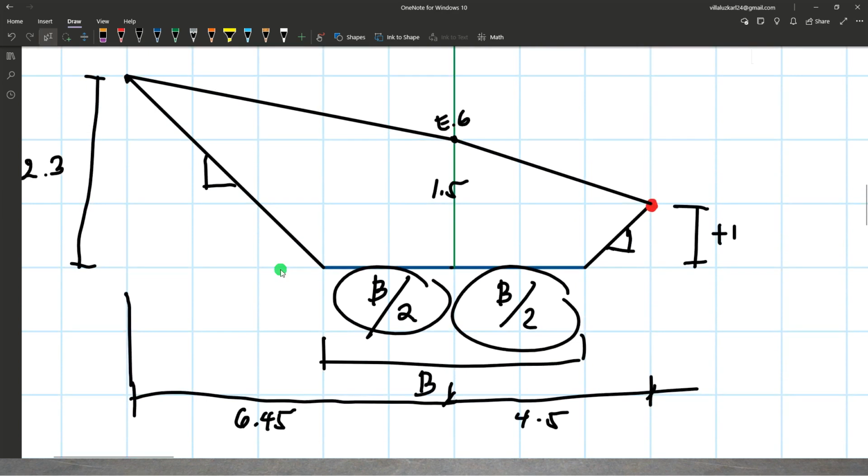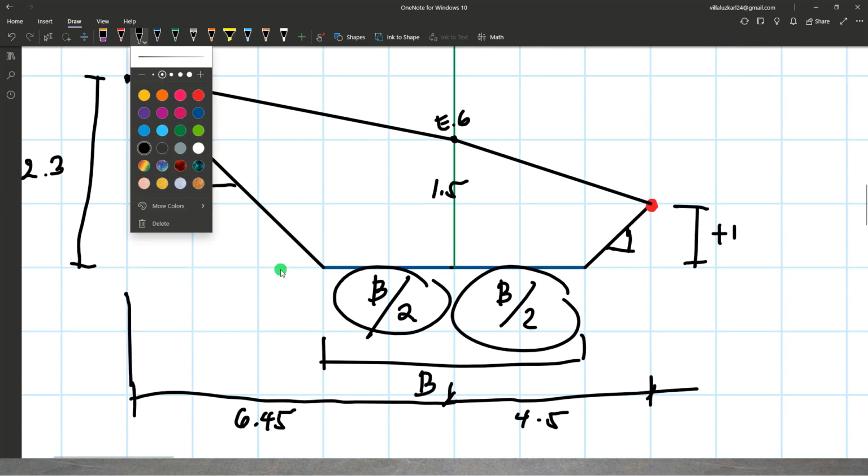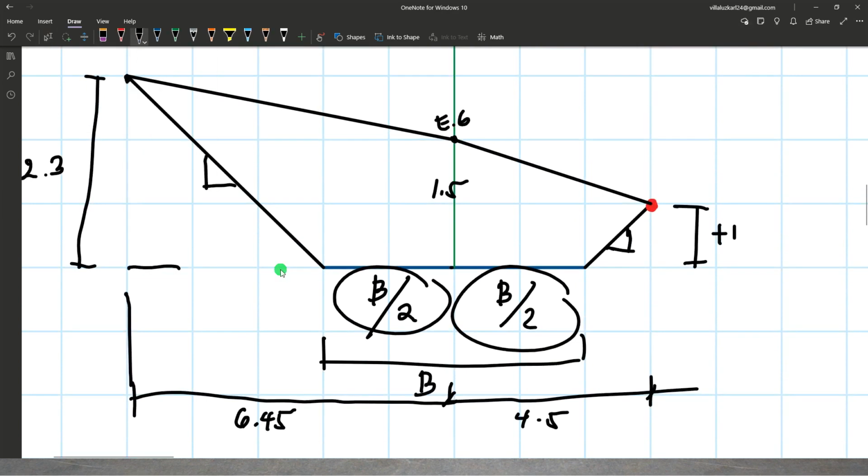If we have 6.45 as the total horizontal distance from the center line on the left side slope, the horizontal distance here is just 6.45 minus b over 2.